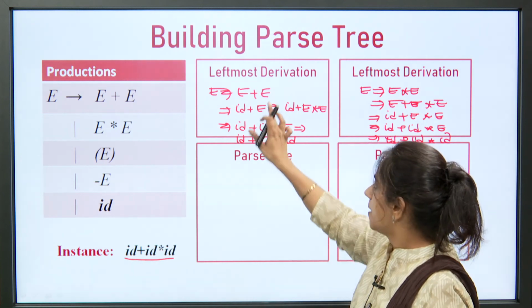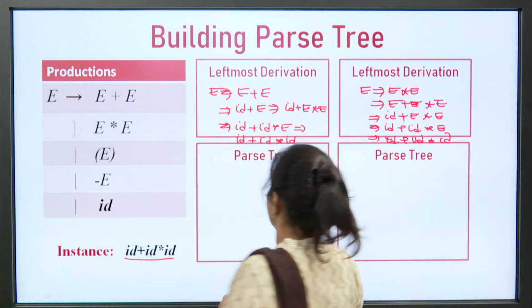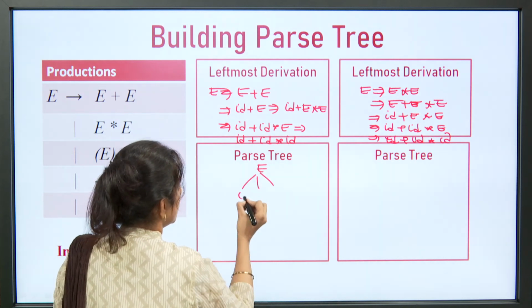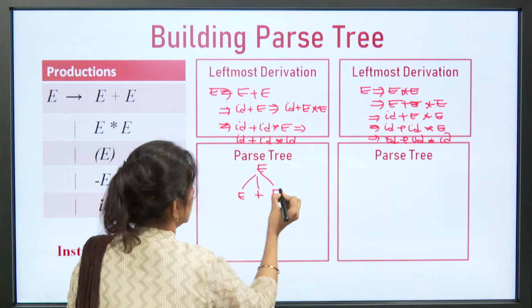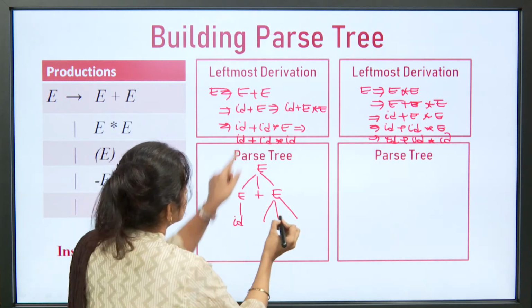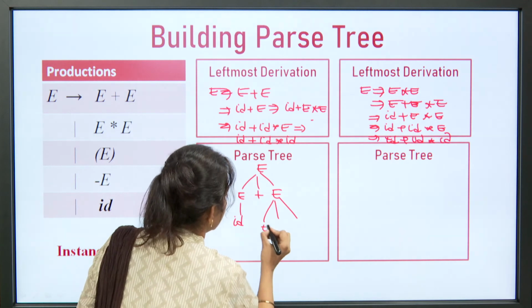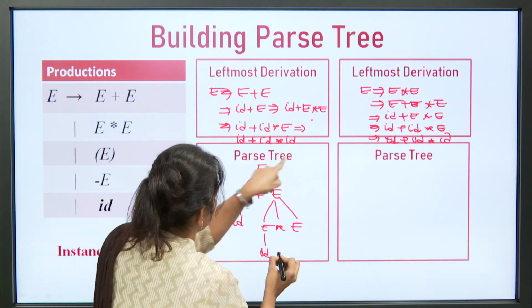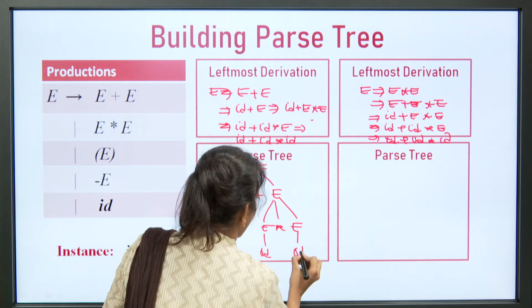Now, first we will draw the parse tree for this derivation. So, here we will get E derives E plus E, then this E is replaced with ID, and then this E is replaced with E multiplication E, then this with ID, and then this with ID.